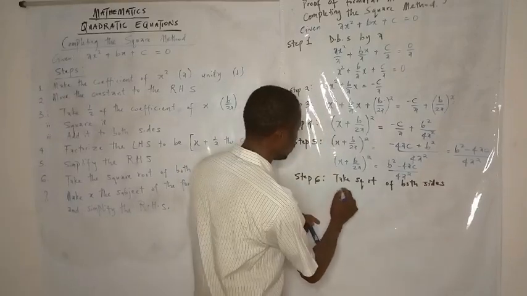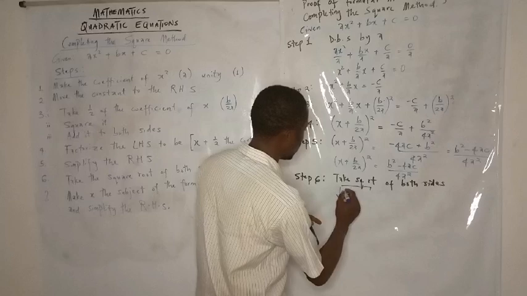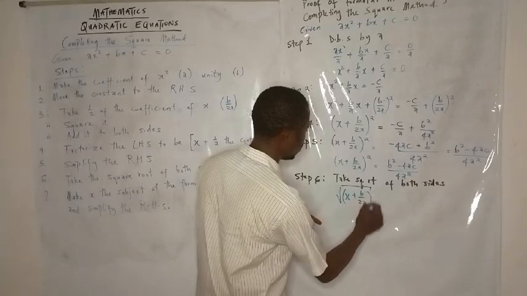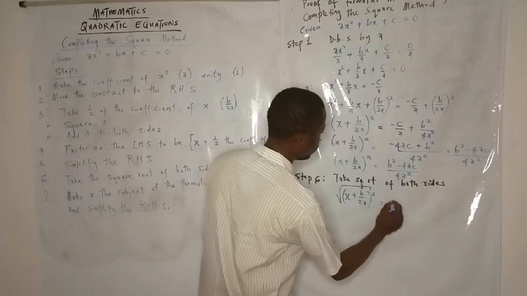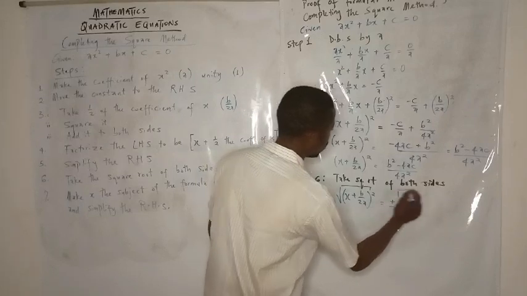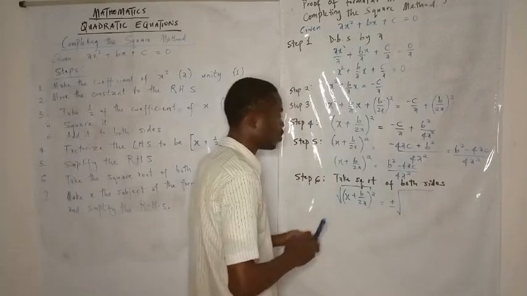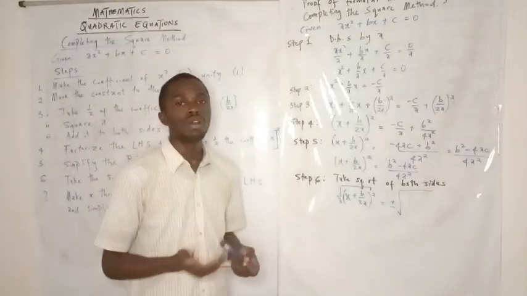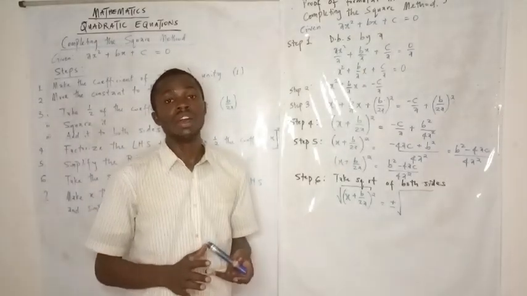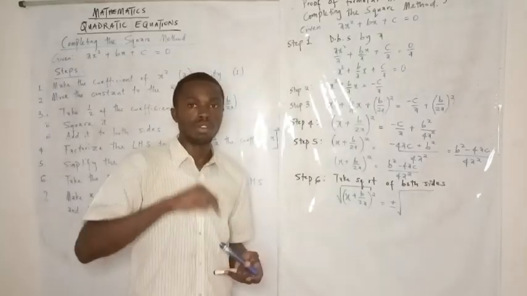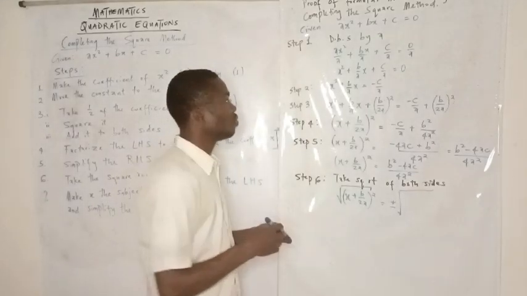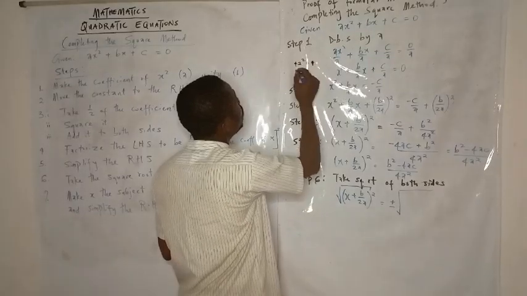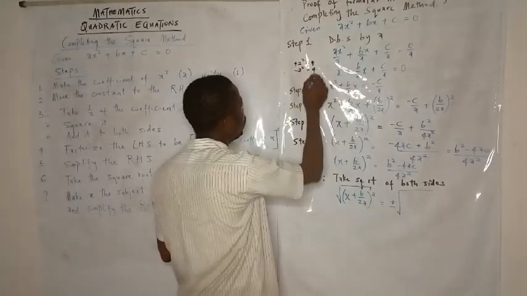We have that the square root of x plus b over 2a all squared is equal to plus or minus square root of... When we are taking square root we include plus or minus, and the reason is that the square of a positive number or a negative number will give you that number. So if you have 2, 2 squared will give you 4, and minus 2 squared will also give you 4.